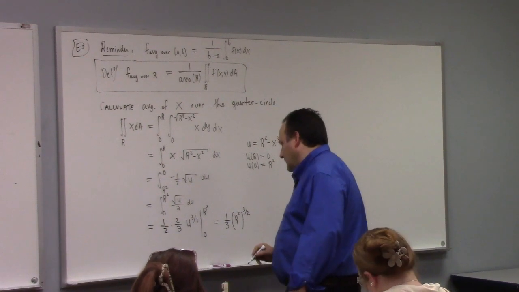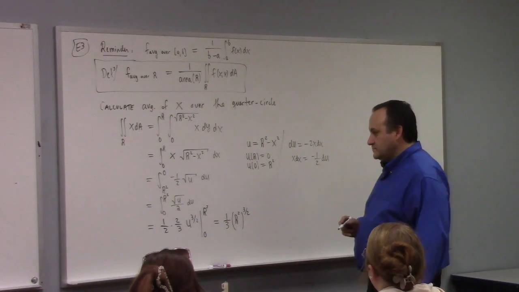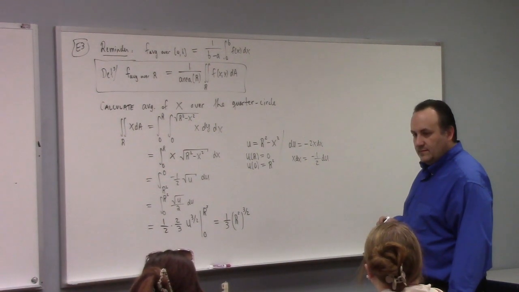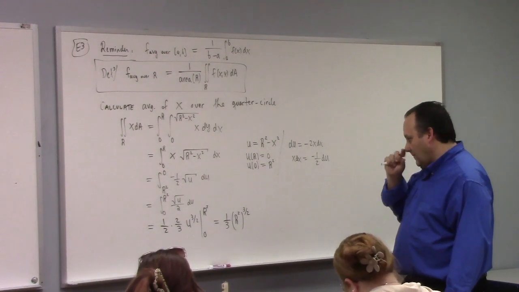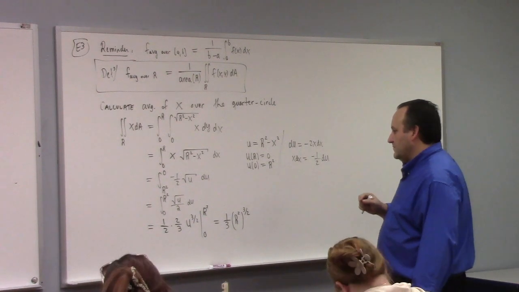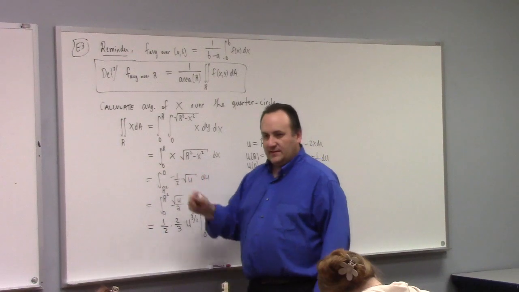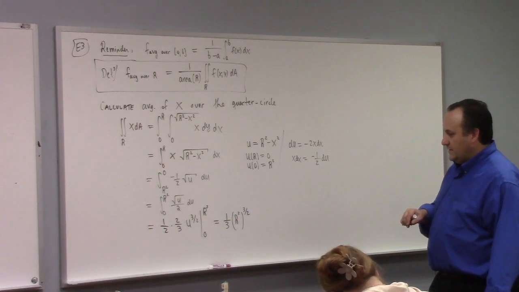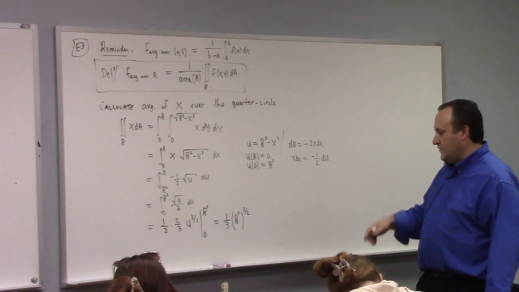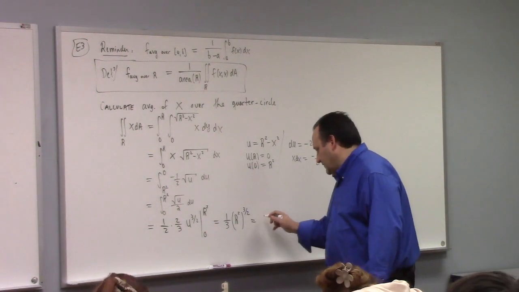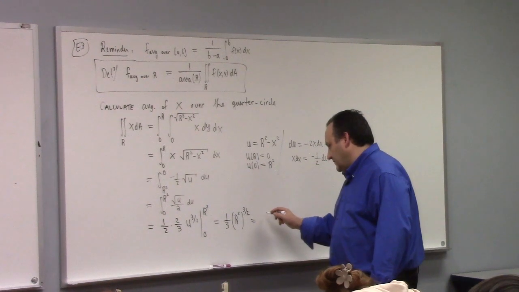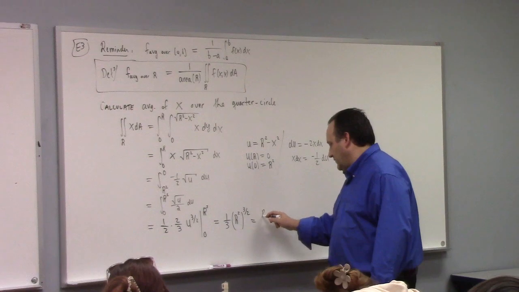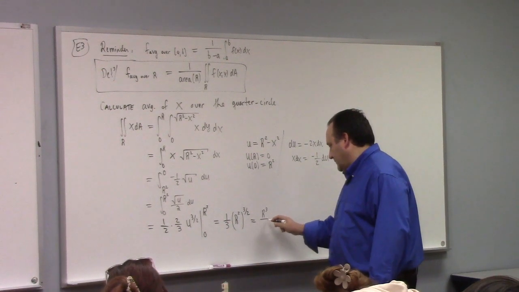How did you switch it from r squared to 0 to 0 to r squared? I got rid of the minus. Yeah, if I flip the bounds, I get a minus. So then laws of exponents gives me r cubed over 3.